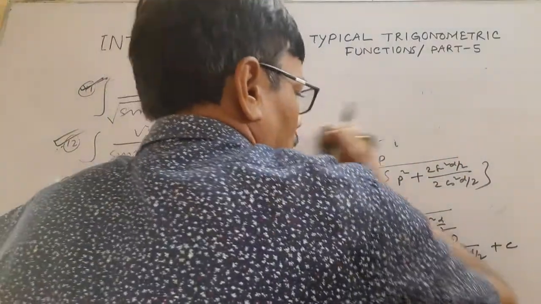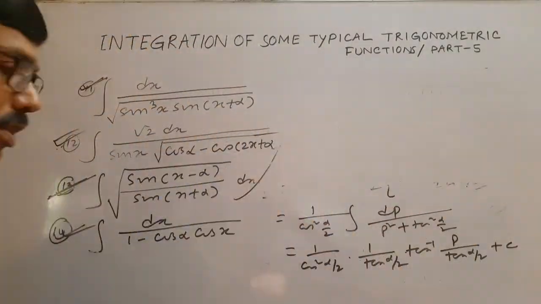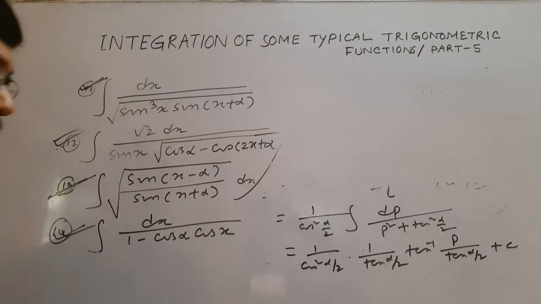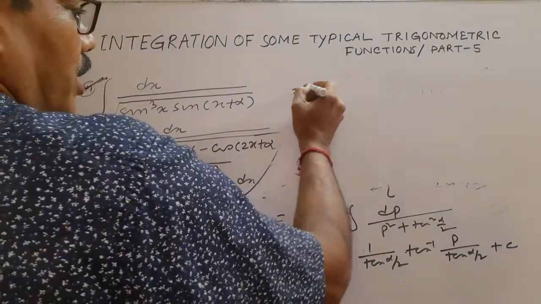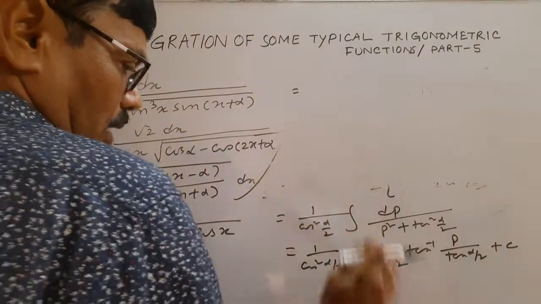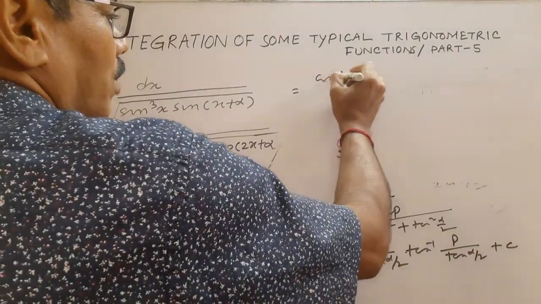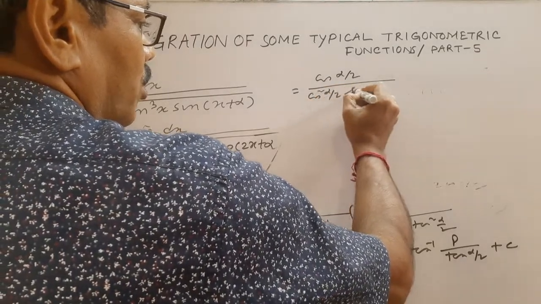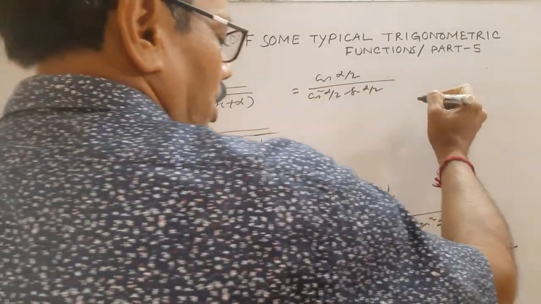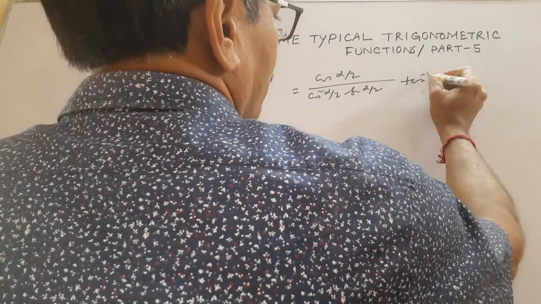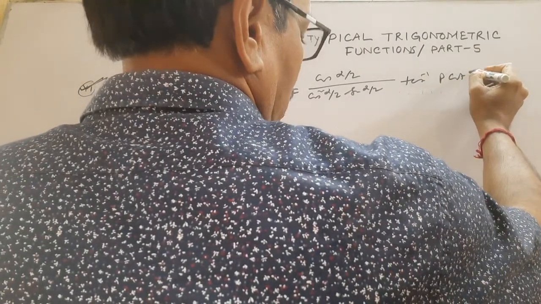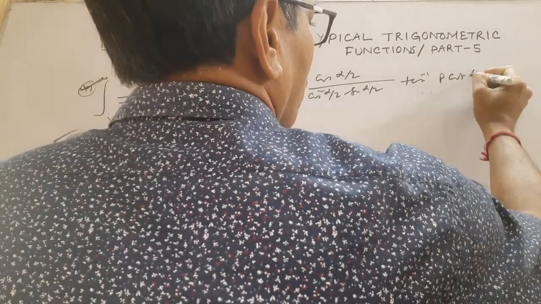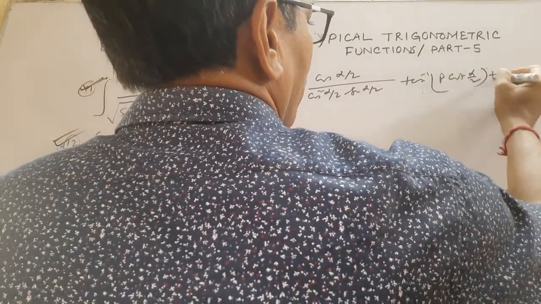So this is the final value. You can simplify it. Sin by cos, so cos alpha by 2. So cos square alpha by 2 into sin alpha by 2, and this is tan inverse p cot alpha by 2 plus c.